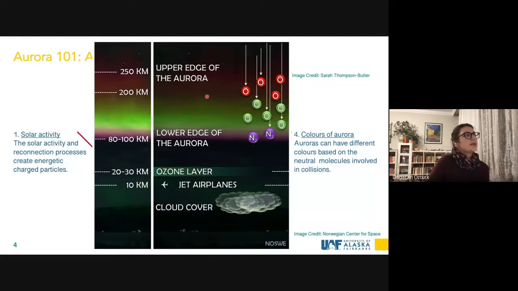At the upper edge of the aurora, around 250 kilometers, we have the red aurora, which is due to oxygen atoms. Between 200 and 150 kilometers, we have green aurora dominating the general auroral displays. This is also due to oxygen atoms. And at the lower edge of the aurora, around 80 to 100 kilometers, nitrogen molecules emit purple light.